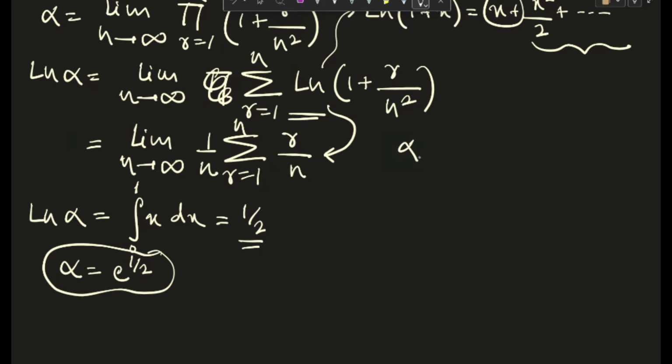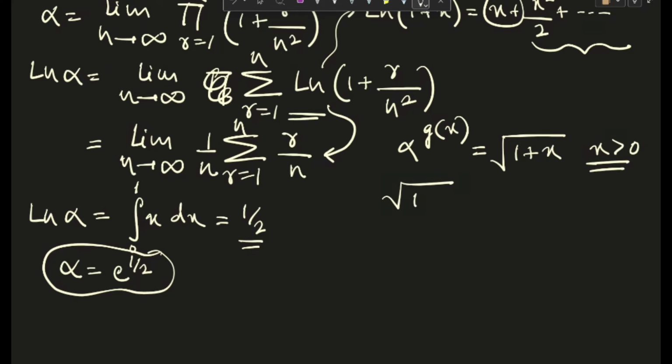Alpha power g(x) will come out to be e power half, and g(x) was ln of root 1 plus x, which means it will be root 1 plus x, and this is obviously for x greater than 0. I don't have to tell you that root 1 plus x is obviously less than 1 plus x. So alpha power g(x) will be less than 1 plus x. So option A is correct.